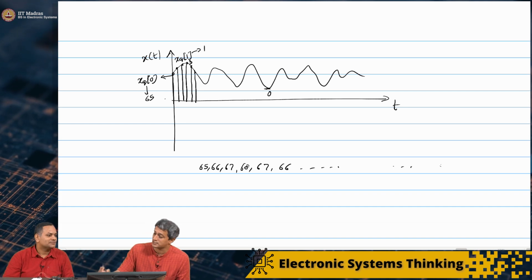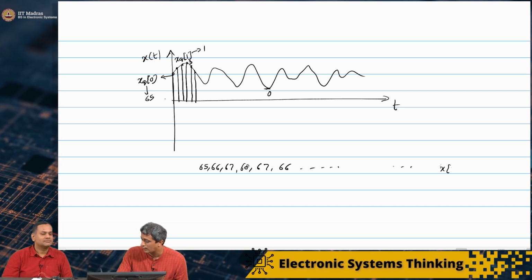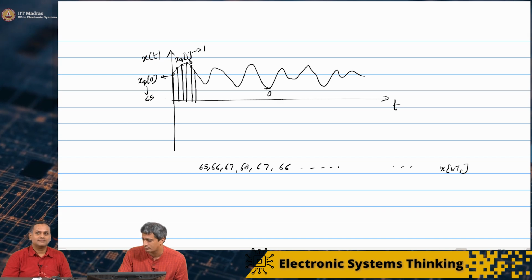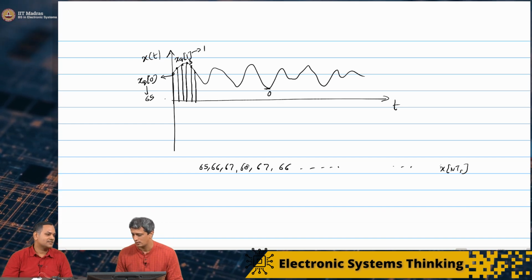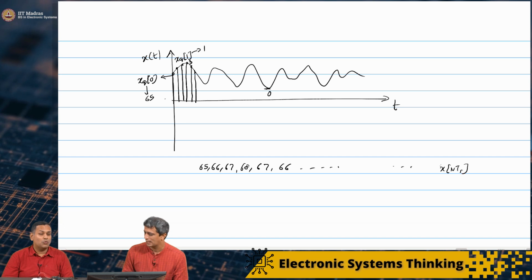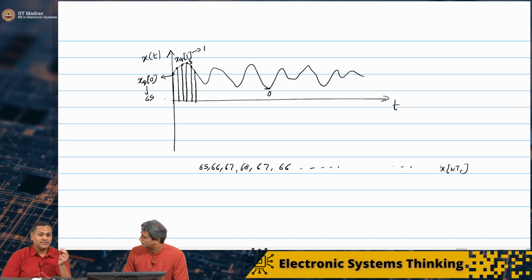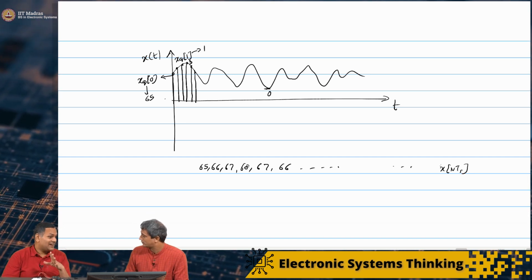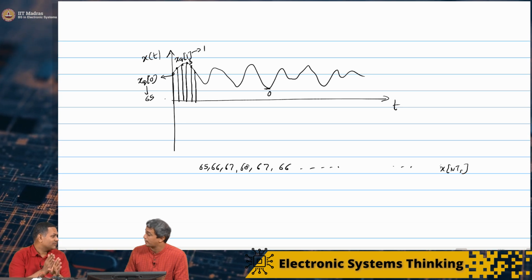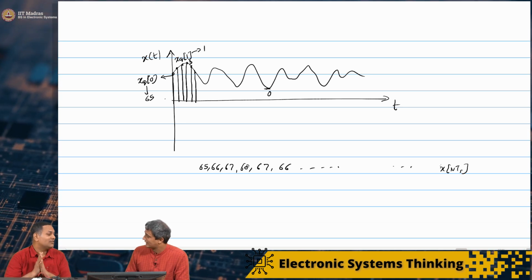The last one is our x of n Ts or n minus 1 Ts, whatever. So what I get at the end is just a number and some timestamp. That's all I need. This is amazing.